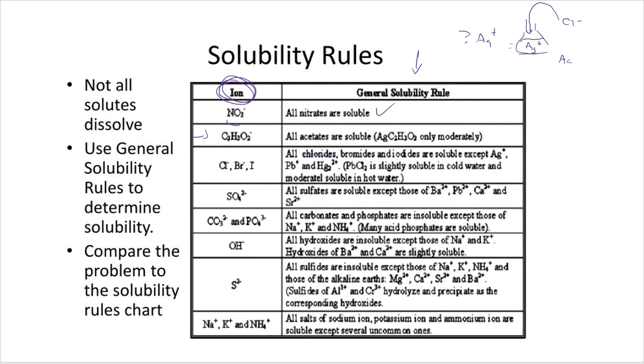And silver and chloride will make a happy little marriage that we call a compound. And that compound is an insoluble solid that will float or sink in solution, depending on what you put it in. And in this case, it will sink. So the precipitate falls to the bottom, and that precipitate is AgCl.